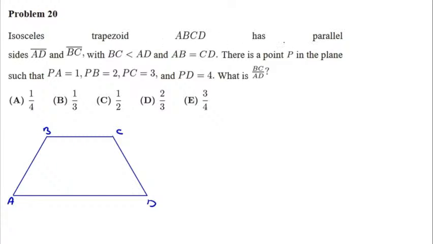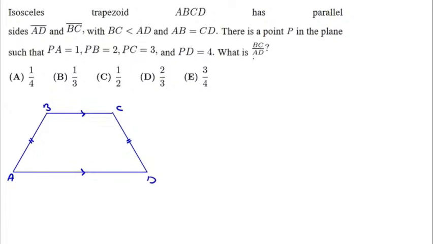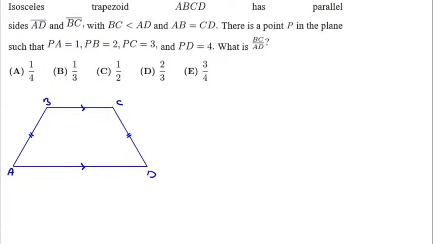Isosceles trapezoid ABCD has parallel sides AD and BC, with BC less than AD, and AB equal to CD. There is a point P in the plane such that PA is 1, PB is 2, PC is 3, PD is 4.